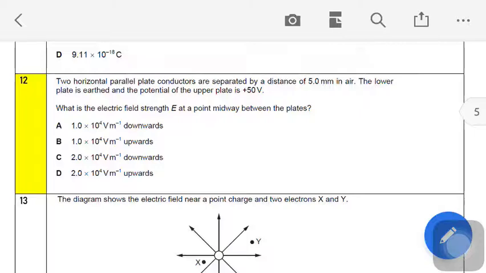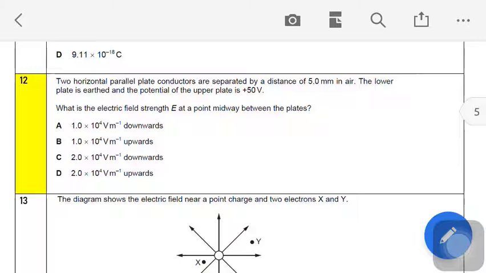Okay, we are going to look at some more questions. Now, if you look at question number 12, I don't know what the issue there is, but less than 60% of you got it right. So what is the issue?